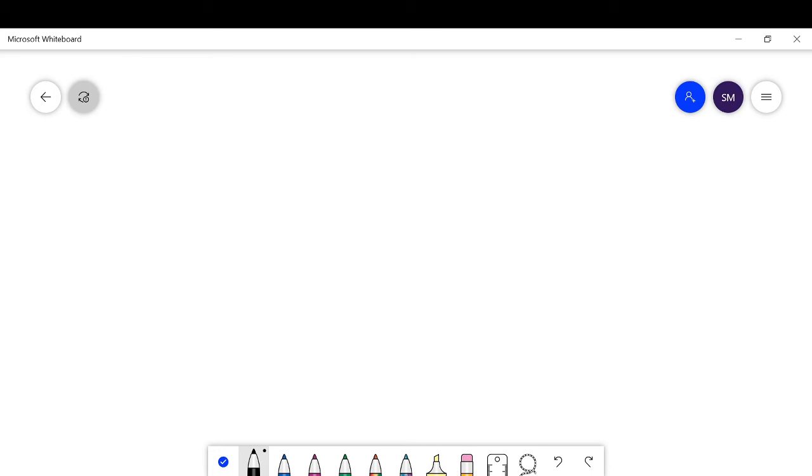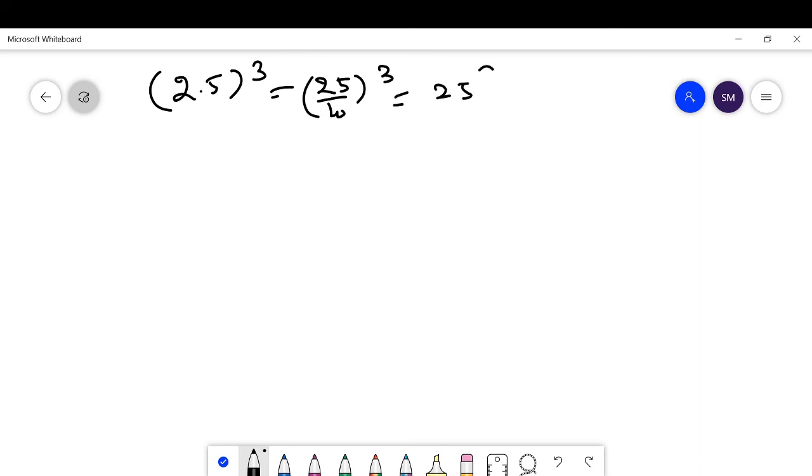How can you find out the cube of a decimal number? Suppose the number given is 2.5 cube. 2.5 can be written as 25 upon 10. 25 upon 10 can be simplified: 5 fives are 25, 5 twos are 10.